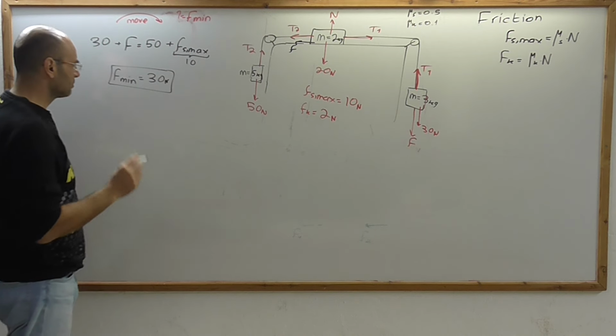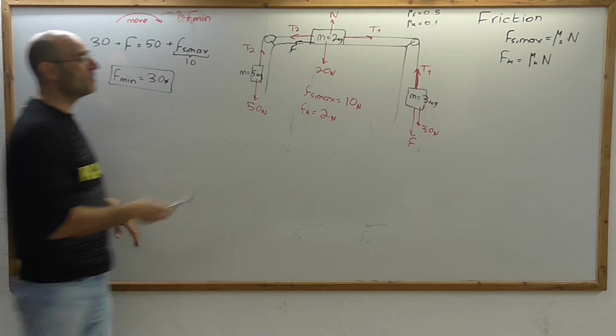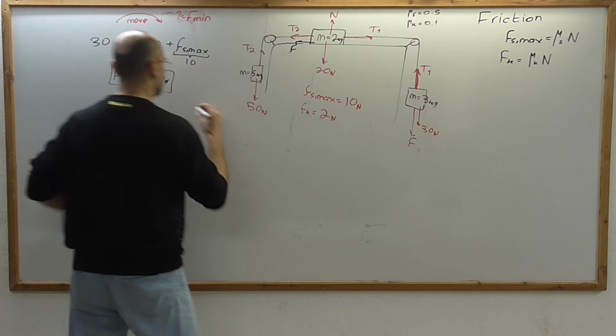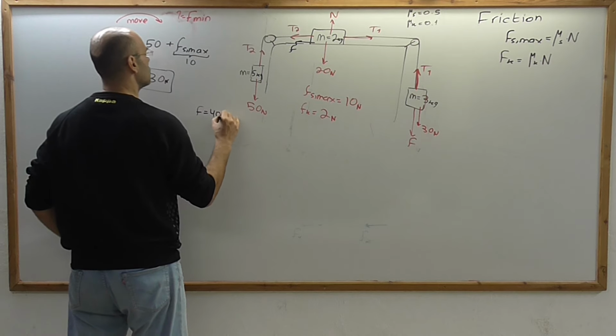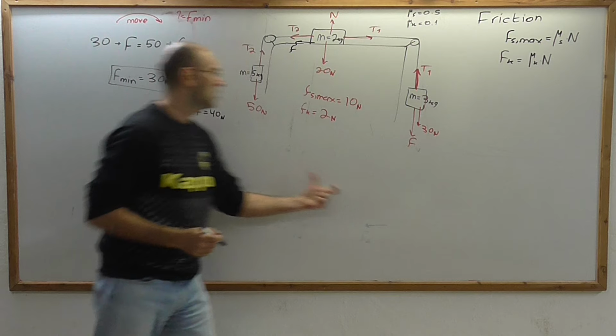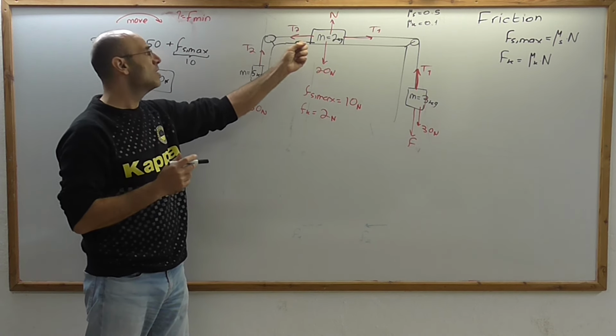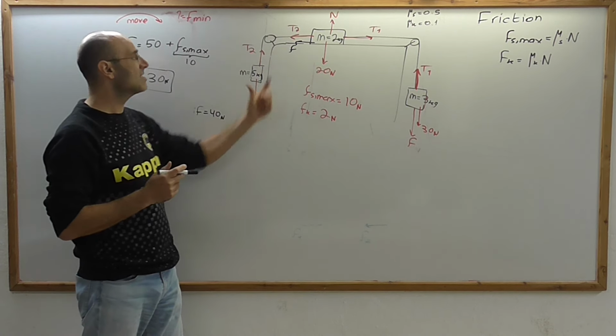What happens if F is 40 newtons? If F is 40 newtons, well, the pulling force will be 70. Here you get 50, and this can give maximum 10. 50 and 10 is 60. 70 will overcome the 60, and it will accelerate that way, as we asked it to be. And if I want to find the acceleration, let's treat it as a whole.